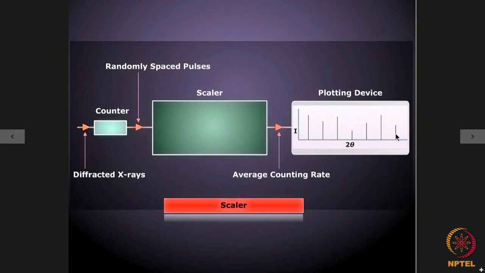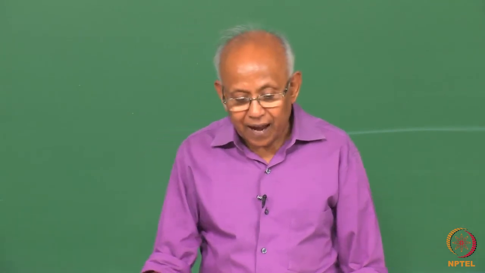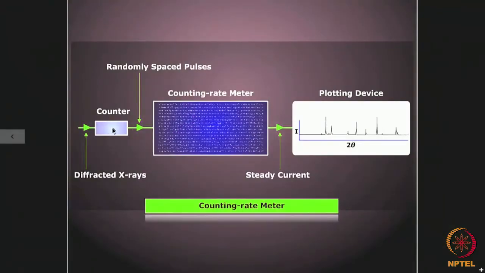The other circuitry which we use is known as the counting rate meter. So, what happens in a counting rate meter? It smoothens out the succession of electric pulses that are produced in the counter. The diffracted X-rays enter the counter and go to the counting rate meter, which smoothens out the succession of electric pulses and produces a continuous current.